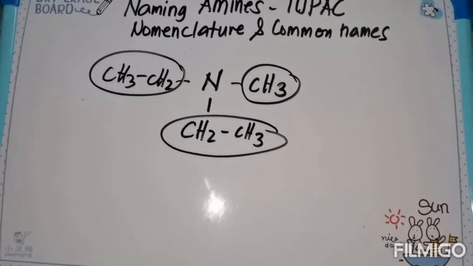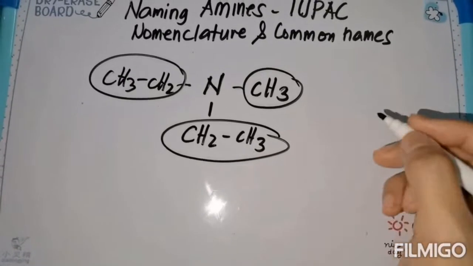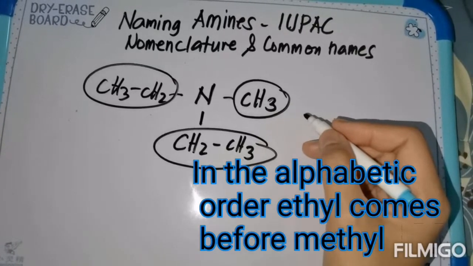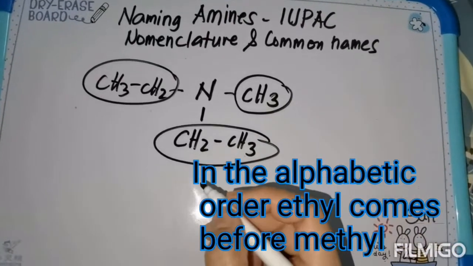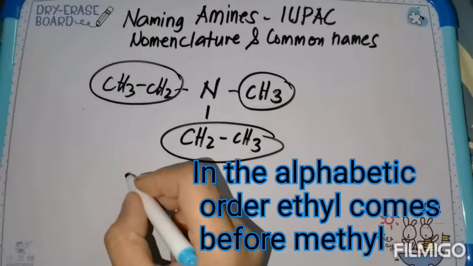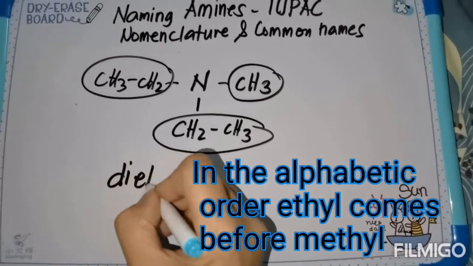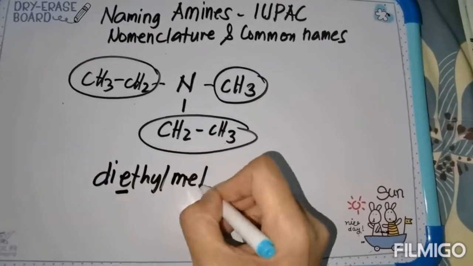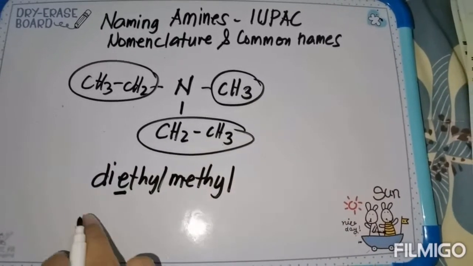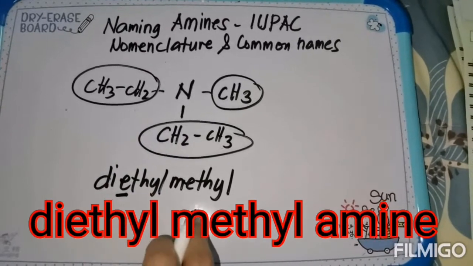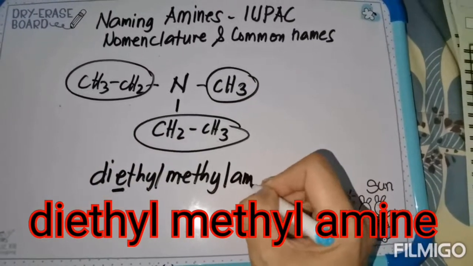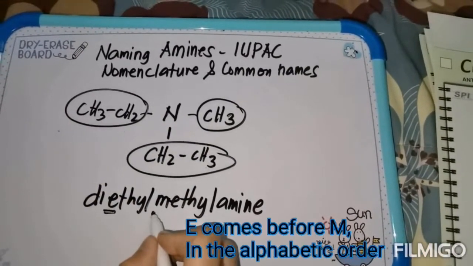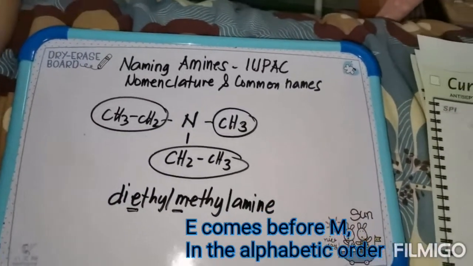So we're going to name this alphabetically. There is ethyl and methyl, so we name first the letter E in the alphabet, as E comes before M. So it will be diethylmethylamine as functional group. E comes before M in the alphabetic order.